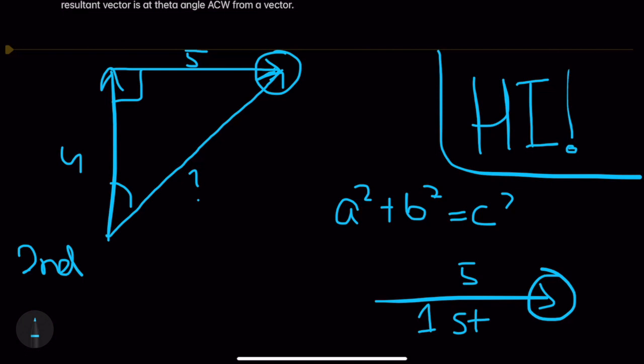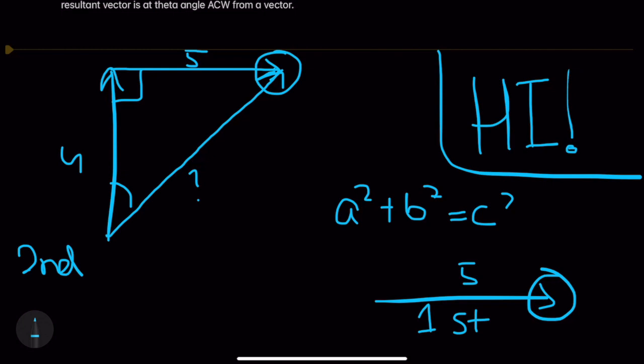Okay, so if this was not a 90-degree angle, suppose say this was a 70-degree angle, then all you need to do is find a relation between the magnitude of the second vector and the length of it, and see if that relation matches with the magnitude of the first vector and the length of it. Then you can use that same relation to find the magnitude of the resultant vector.